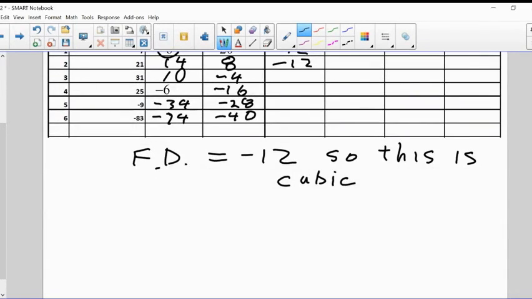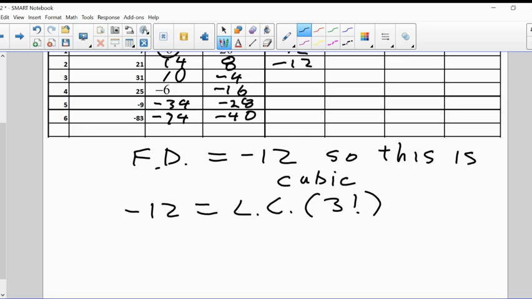This FD is minus 12, equal to the LC, which we don't know yet, multiplied by, so what factorial are we going to be using? What's our n in this case? The n is 3, so it's 3 factorial. There you go. So we now have a way to calculate what our LC is.